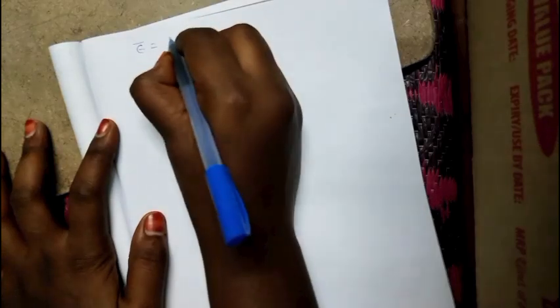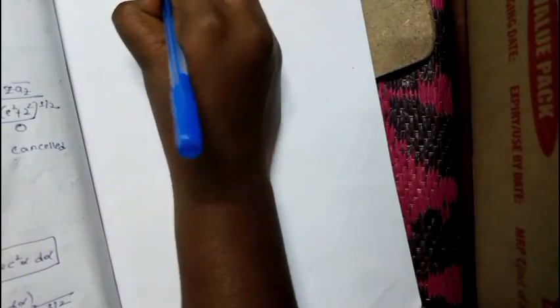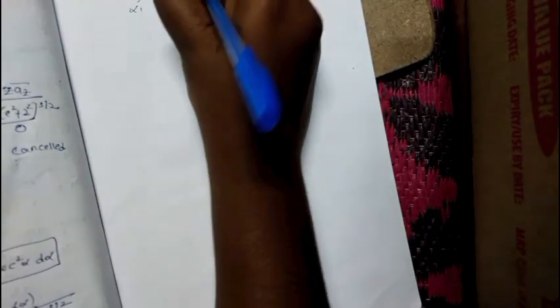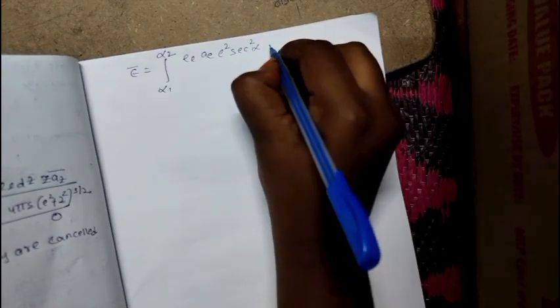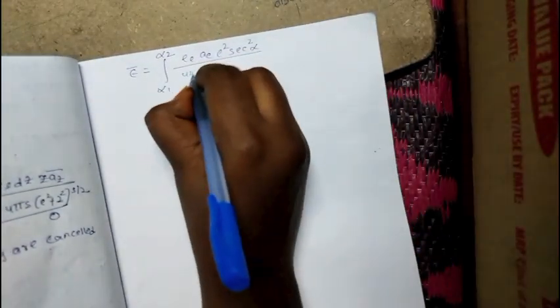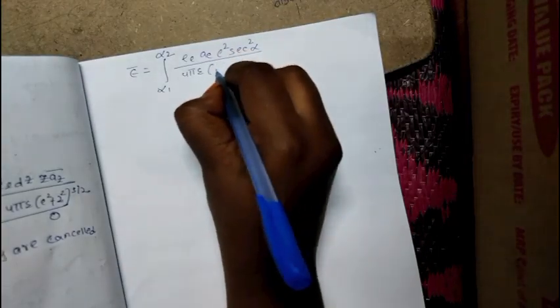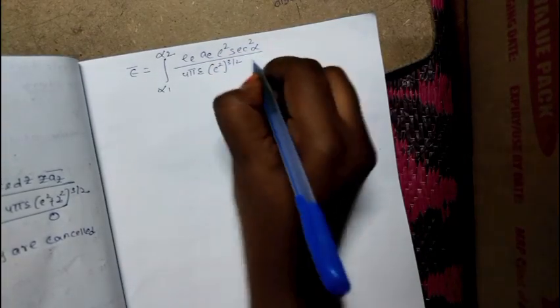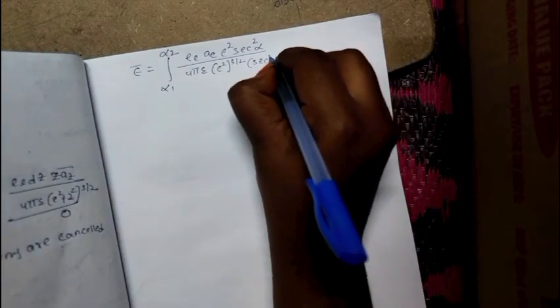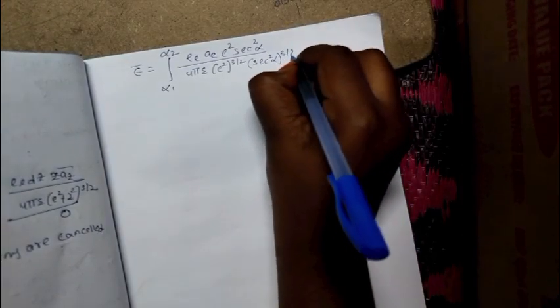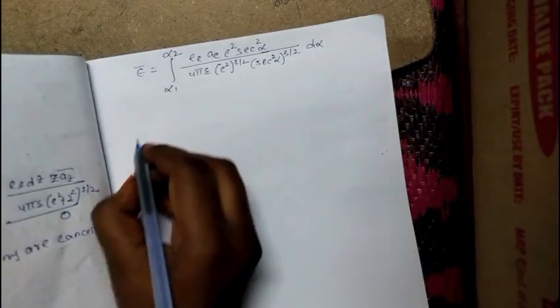Next, E bar is equal to the integral from alpha 1 to alpha 2 of rho L, rho square, secant square alpha by 4 pi epsilon, rho square to the 3 by 2. 1 plus tan square is secant square alpha to the 3 by 2, d alpha.